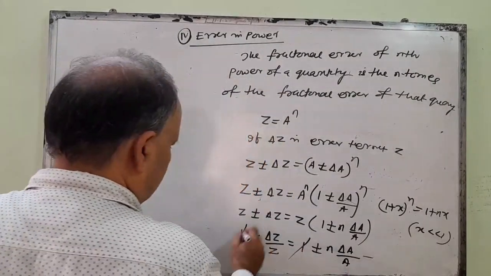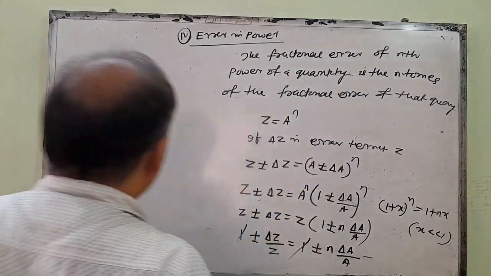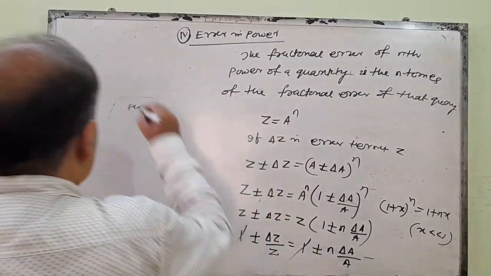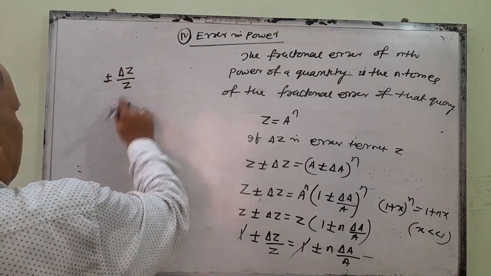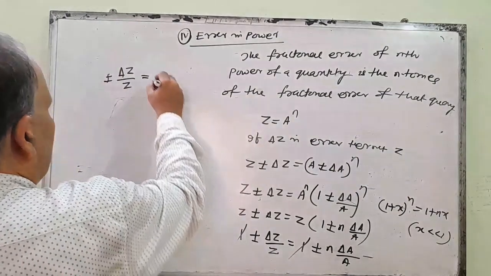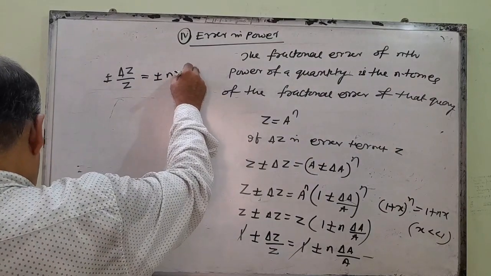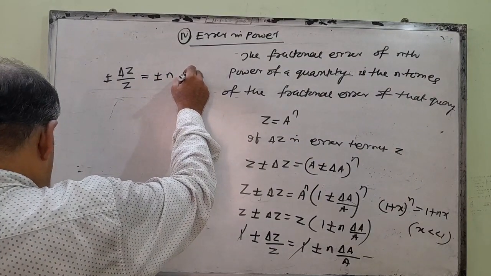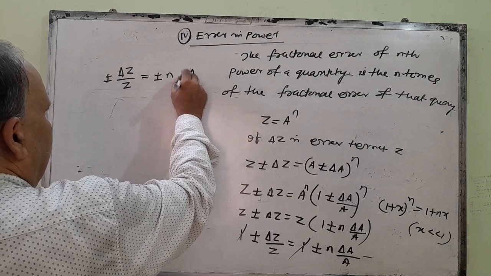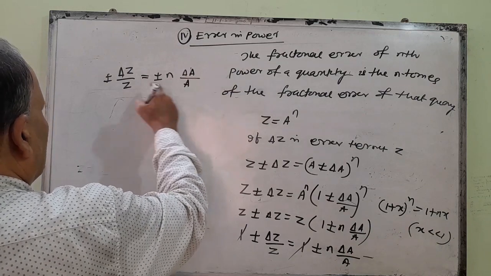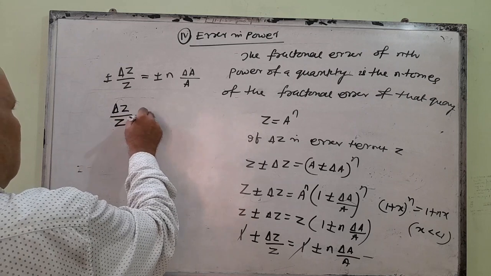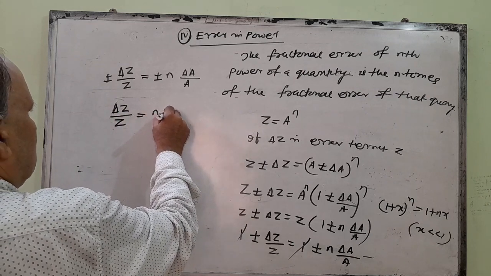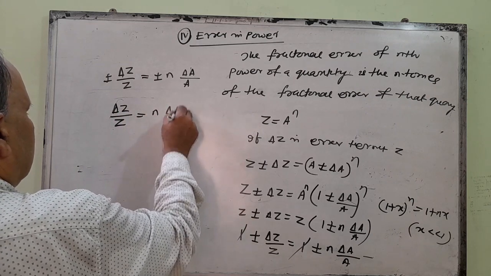We cancel 1 and 1, you get plus minus delta z by z is equal to plus minus n into what? Delta A by A. You remove the negative sign, delta z by z is equal to n into delta A by A. This is the formula.